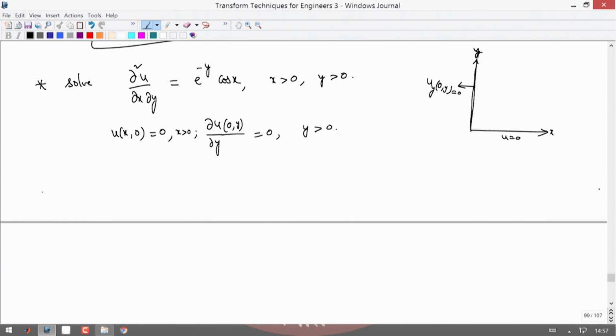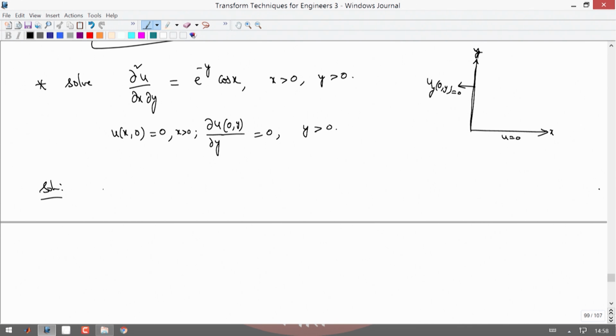So how do we solve this? Let's use the same technique that we adopted earlier. Apply the Laplace transform of u with respect to the x variable. Because of cos x we know its Laplace transform.